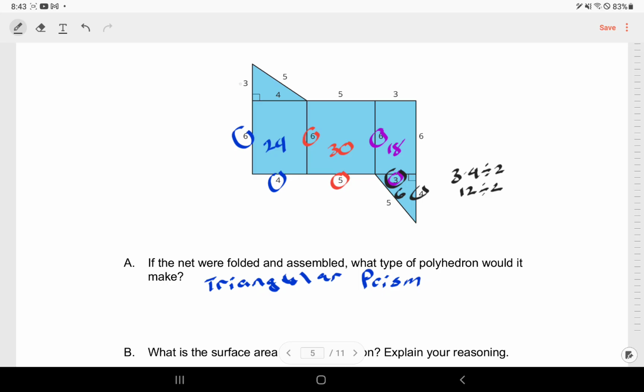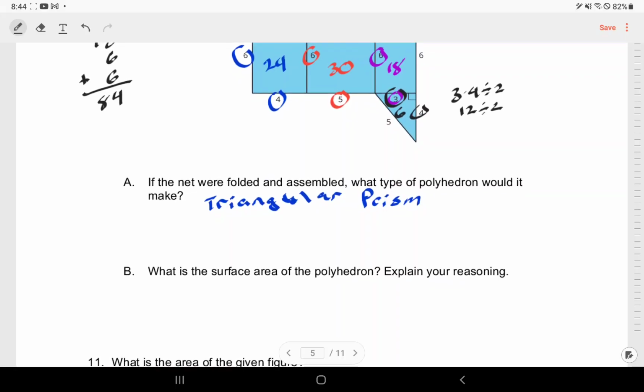And then up here we've got 3 times 4 divided by 2, so that's also 6. So now we have 24, 30, 18, 6, and 6. Well, 4 plus 8 is 12, plus 6 is 18, plus 6 is 24. Carry 2. 2 plus 2 is 4, plus 3 is 7, plus 1 is 8. And so our answer is 84 centimeters squared.